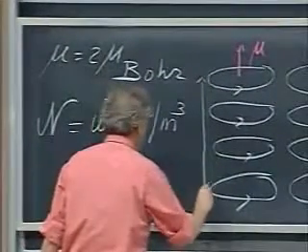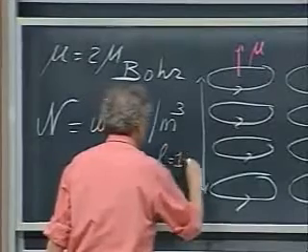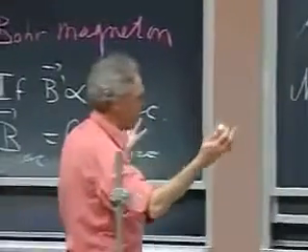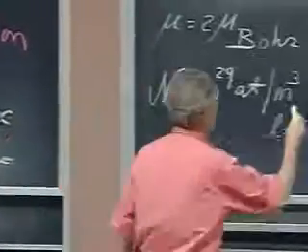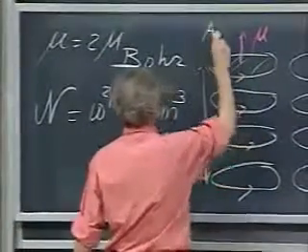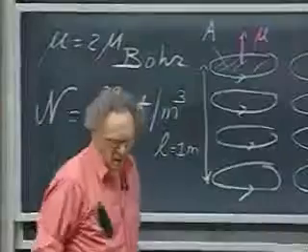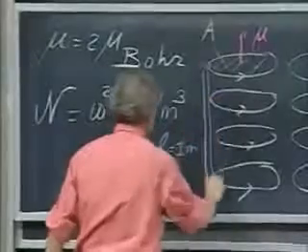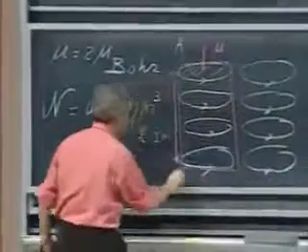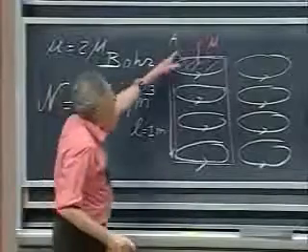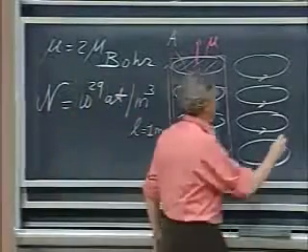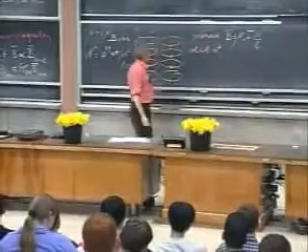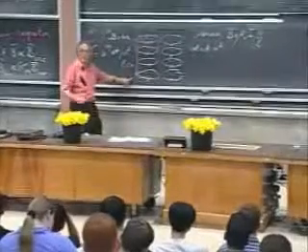I take here a length of 1 meter. So this is a solenoid, and I pick only 1 meter. I could have taken 3 or 5 meters, it makes no difference. And each one of these loops here has an area A. So we would agree, I hope, that the volume of this solenoid, which has a length of 1 meter, is A square meters times 1, so the volume is A cubic meters.